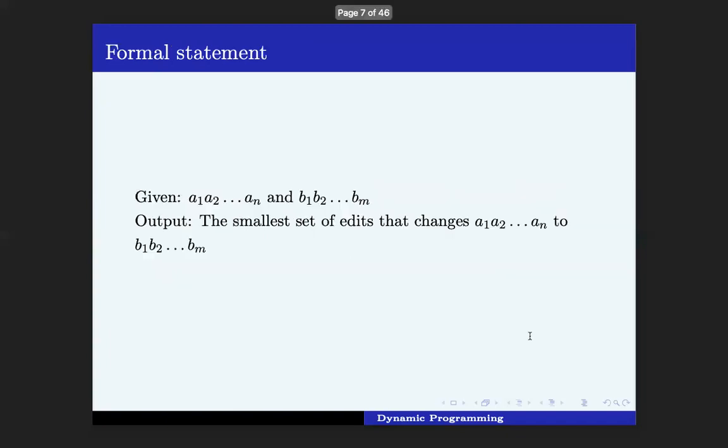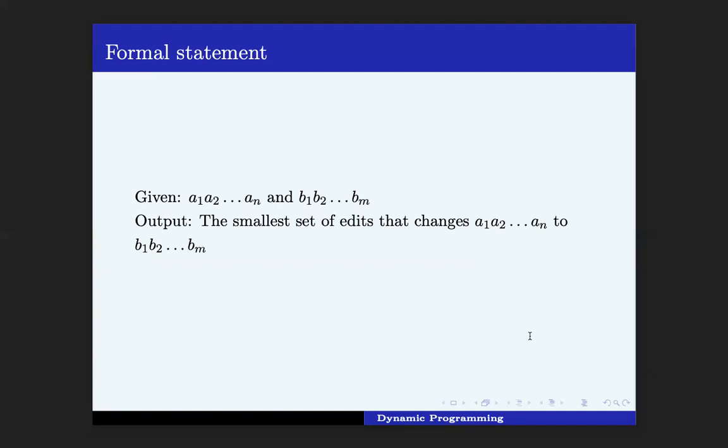Okay, but the formal statement is that you are given 2 strings, A1 to AN and B1 to BM, and the smallest set of edits that can change A1 to AN to B1 to BM. Now, let me give you a couple of minutes.